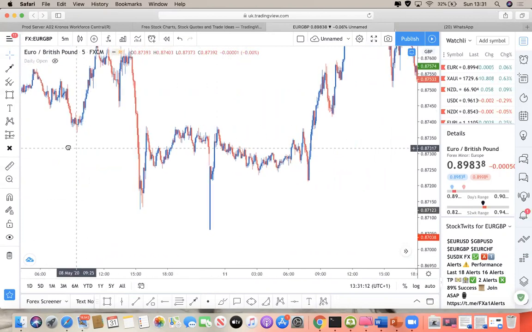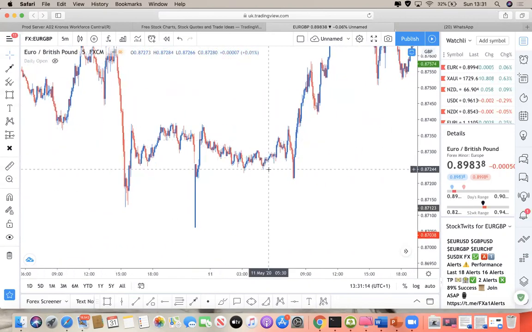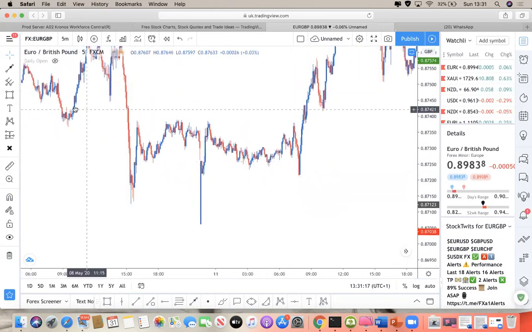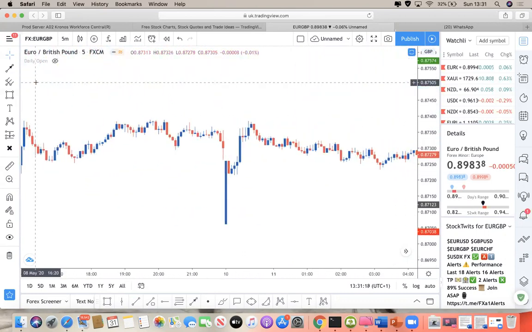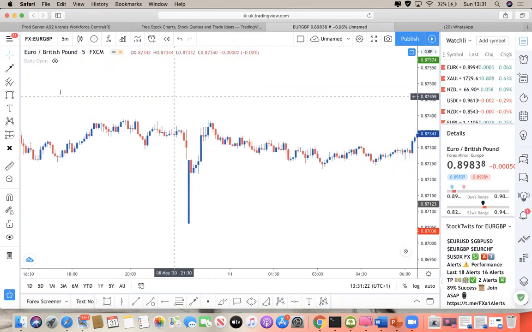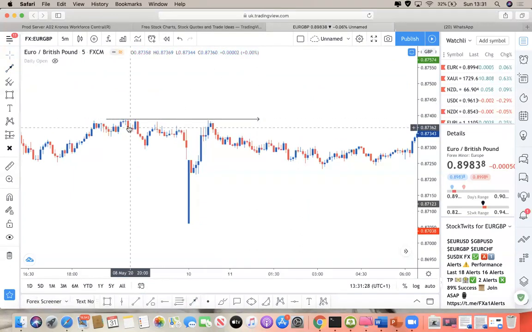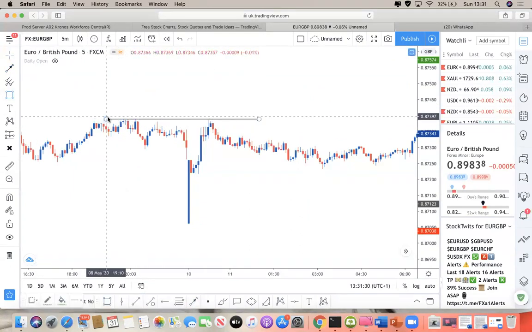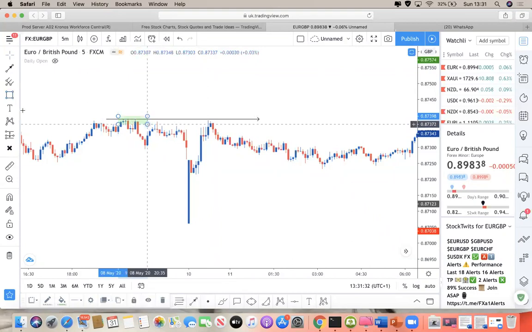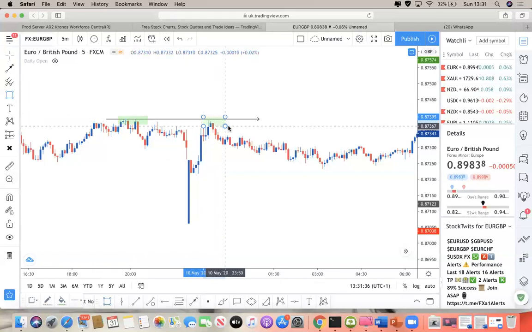Let's look at something right here. I want you to bear with me. Can you look at this area? Have you seen how price came to this area once, and that same line, they came back here?